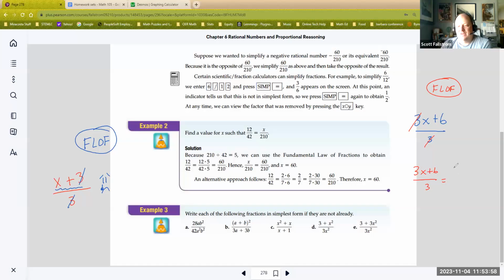And up on top, there is a factor of 3, but what remains is x plus 2. If you're wanting to remember, factors come from multiplication. So if you are multiplying, you can do this. When you see an addition here and you want to remove a common factor, let that be the red flag that goes up in your head. Careful, careful, careful. And then all you have to do is come here and say, okay, now I have common factors. My final result would be x plus 2.